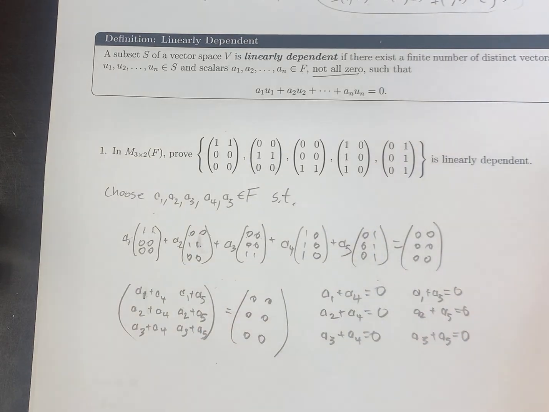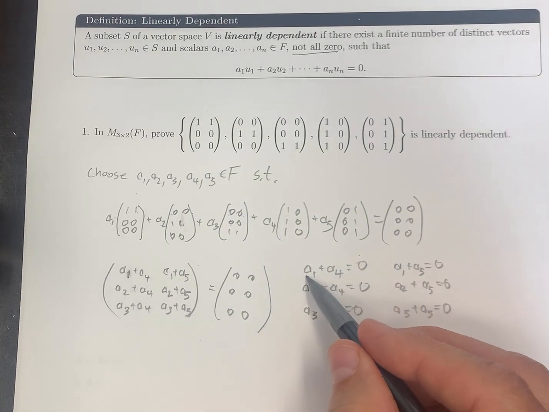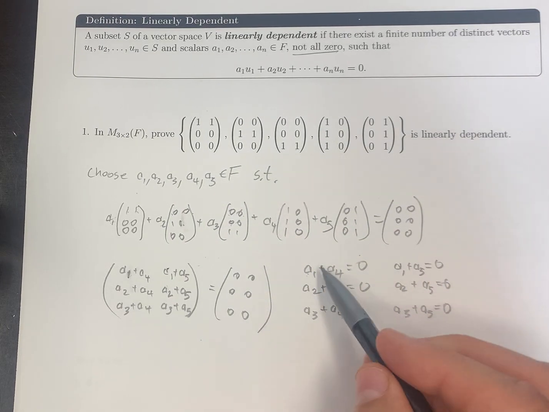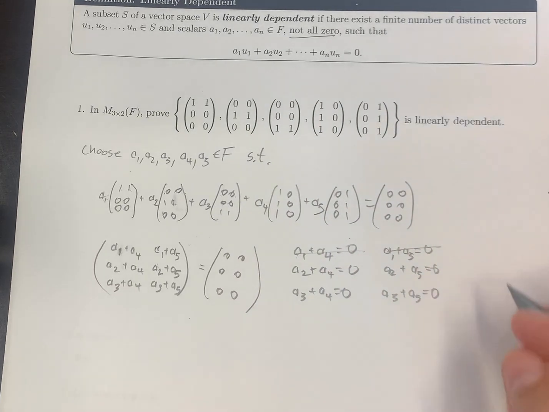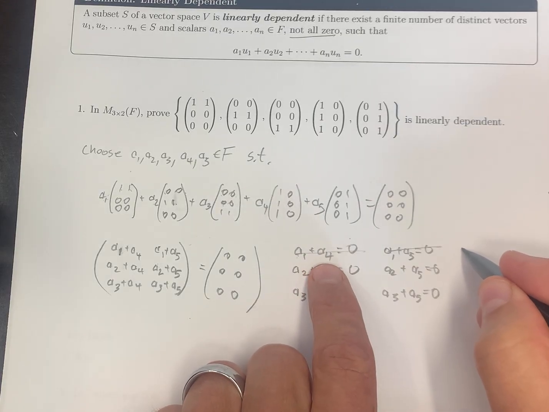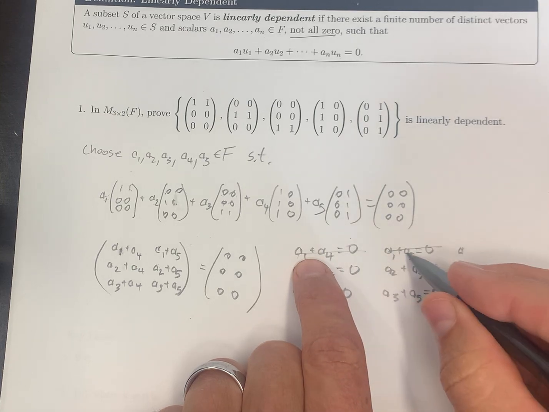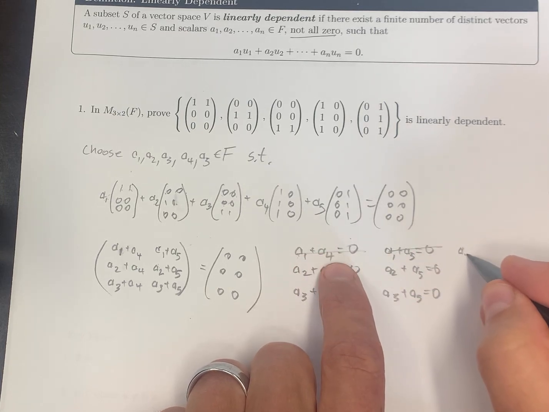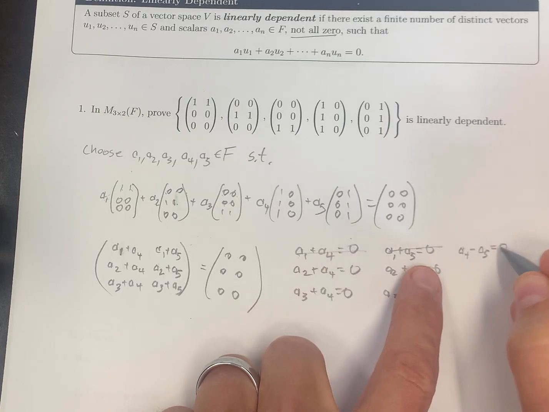When you have a system of equations, probably the simplest thing you can do is just use elimination. Let's take this equation and subtract that equation from it. So what do I have? I have a1 minus a1, those cancel. Then a4 minus a5 has to equal 0.